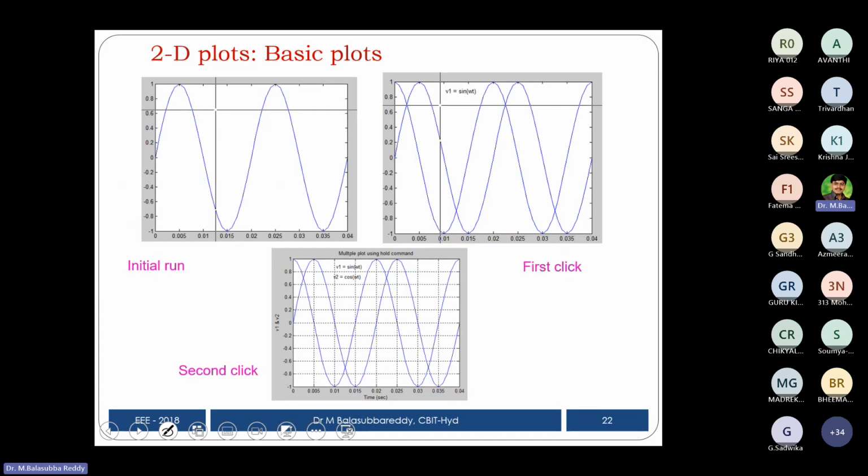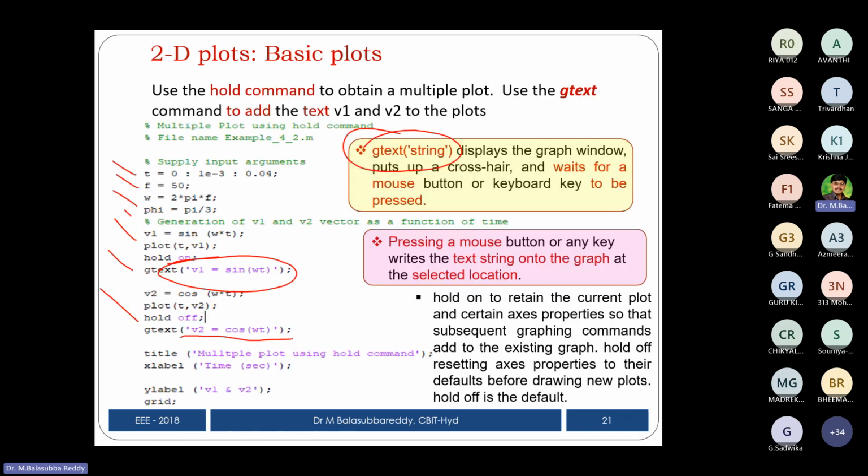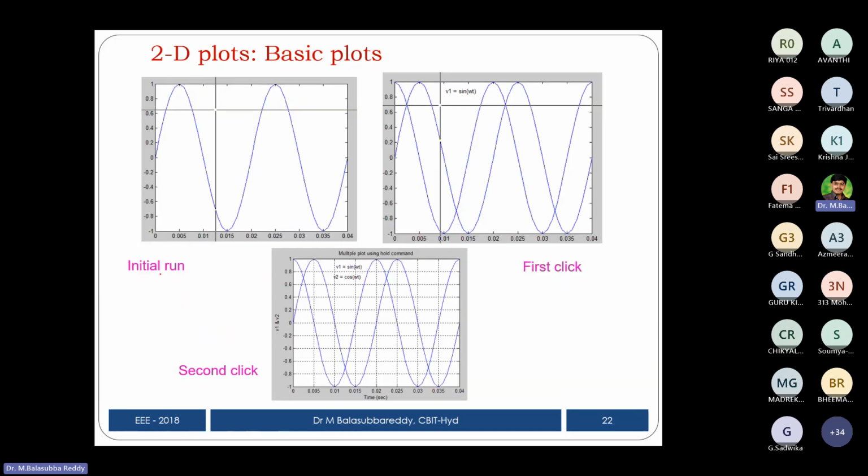Just after the first execution, the first plot will be displayed, because I'm not using any color, all these things at a time. I have taken a separate V1 plot as well. This is the V1 plot, this is the V2 plot. Now V1 is displayed and it waits for your cursor.